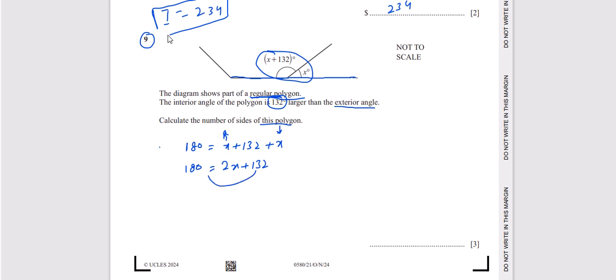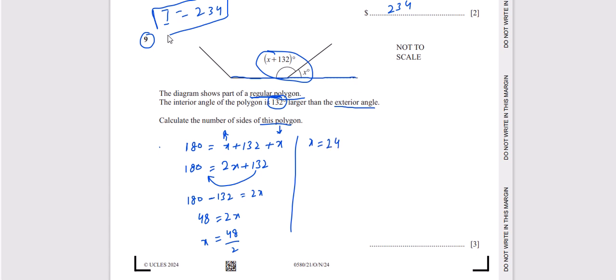So 132 shifts to this side. 180 minus 132 is equal to 2x. 180 minus 132 is equal to 48, is equal to 2x. Divided by 2, x is equal to 48 divided by 2. So x is equal to 24.